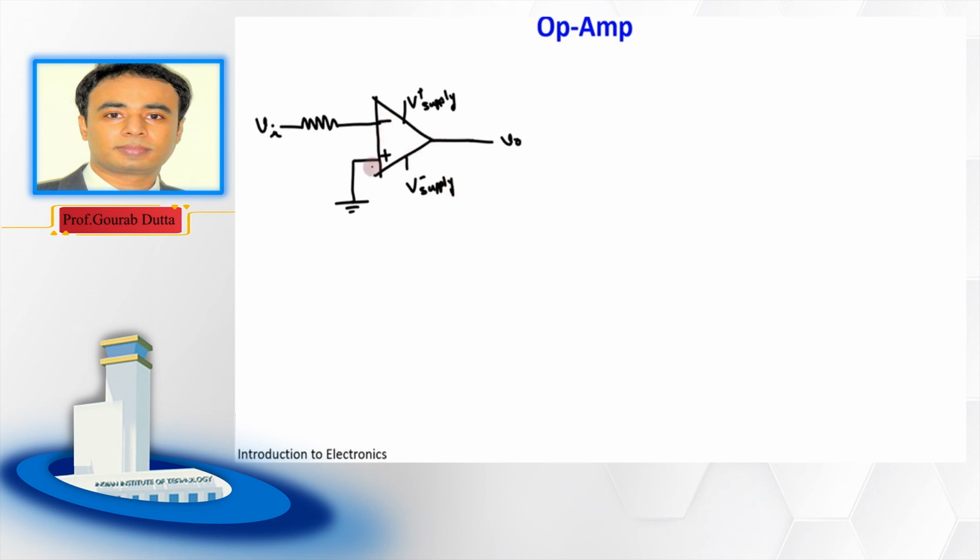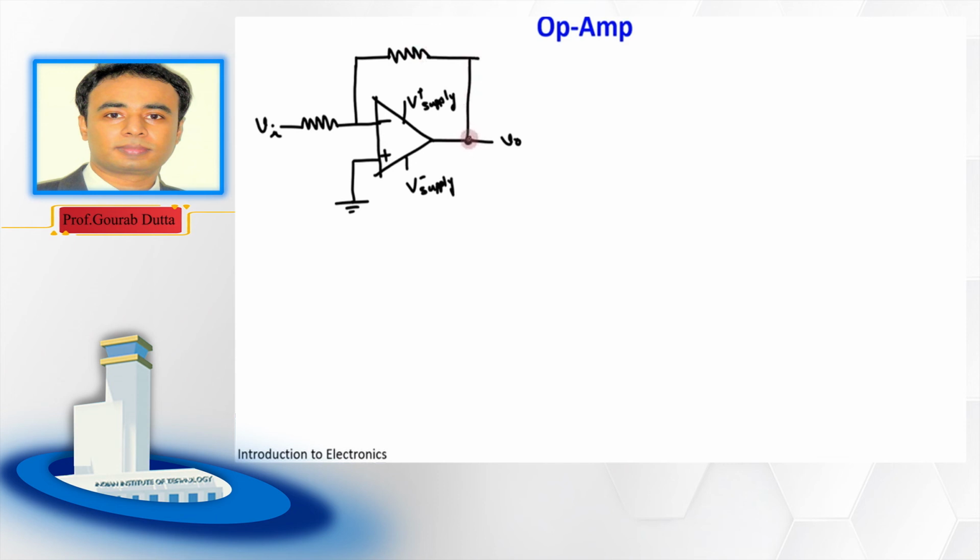Now this op amp, we are not operating in an open loop condition, but rather we'll try to operate this op amp in a closed loop condition. A closed loop condition means we take feedback from this output and connect that feedback here, and that feedback element is a simple resistor. Got my point?